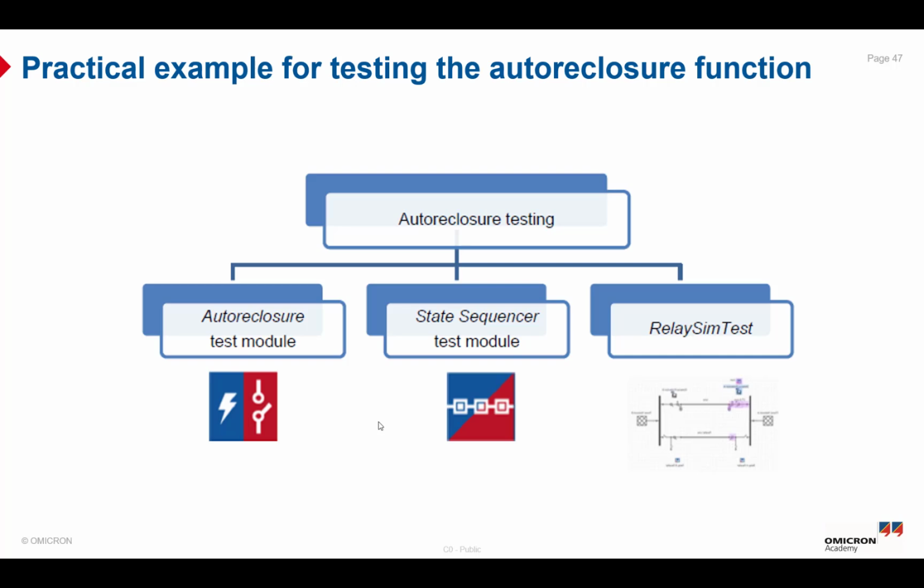In the State Sequencer module, you have total flexibility to create a multiple cycle auto reclosure sequence with complex logic. And last but not least, it can be tested using the RelaySimTest software to simulate a realistic simulation with a transient algorithm, which automatically tests the different AR cycles and different sequences.